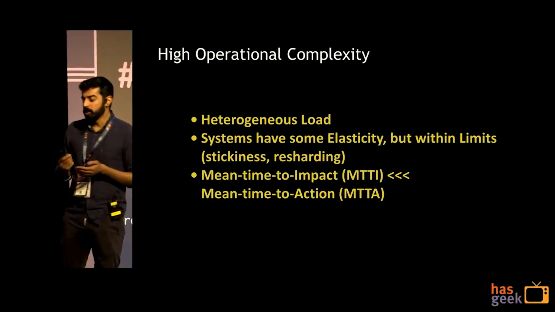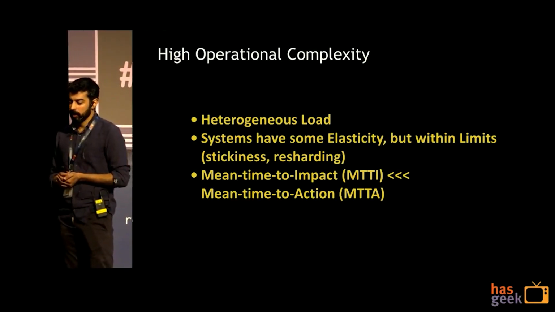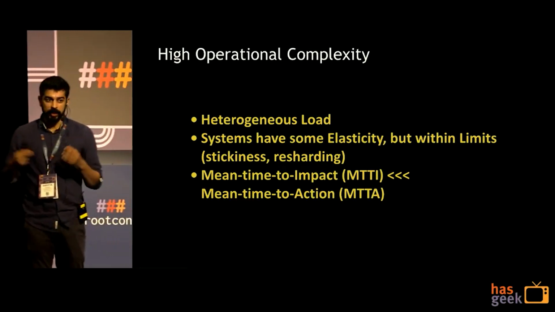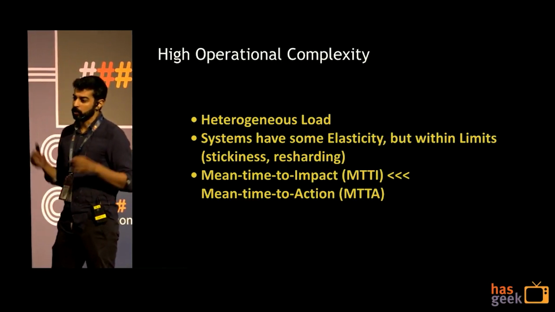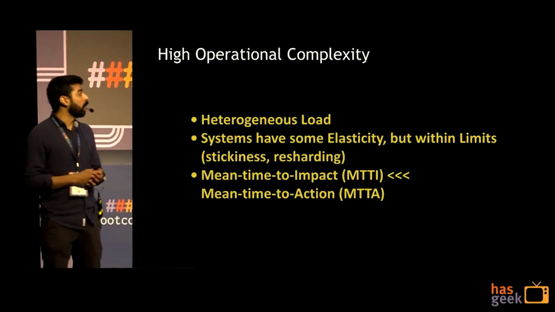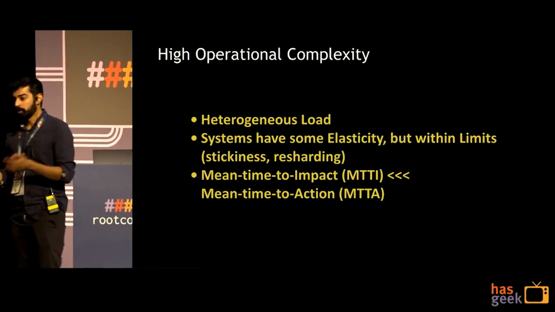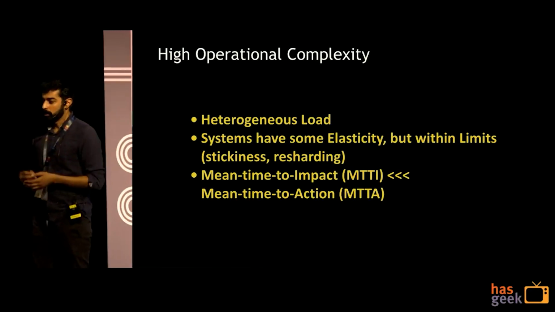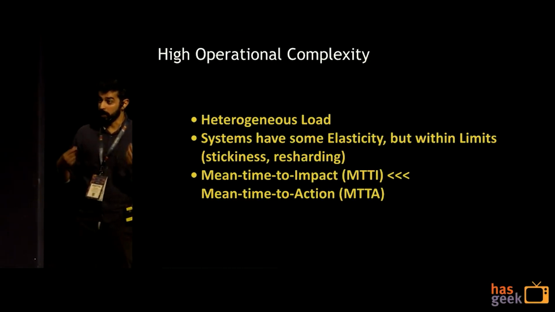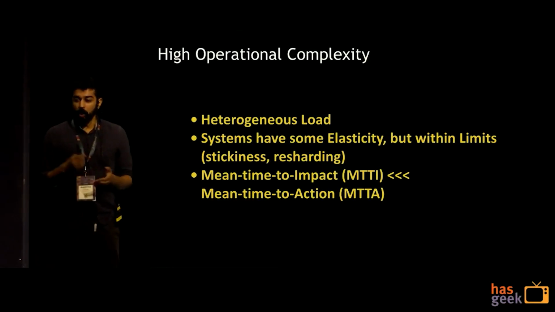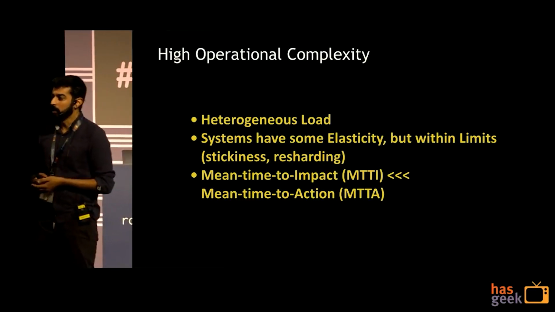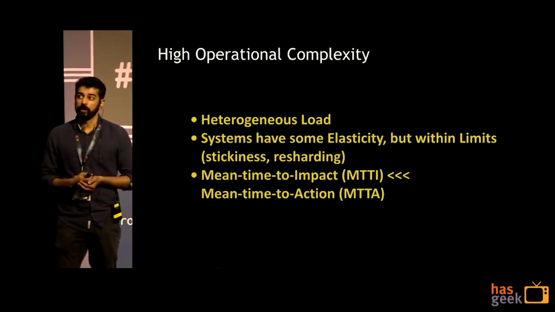But this limit on elasticity might also exist in the application layer. Maybe you have some requirement for stickiness in your HTTP sessions, which means you can't just put a bunch of new servers into the pool. Maybe you have some requirement for consistent sharding of your data, such that adding more servers to a cluster requires resharding the data, and that pays a cost. All of these create limits on your elasticity, so you have to think about ways to get around those limits and avoid hitting them.